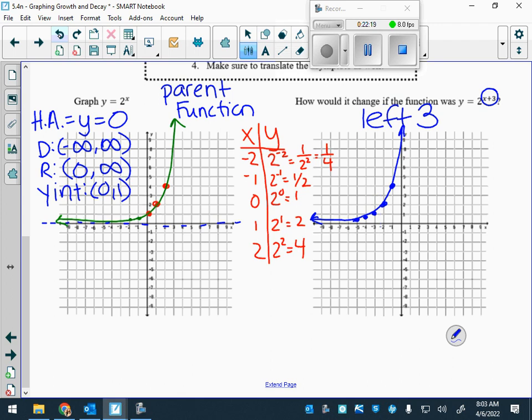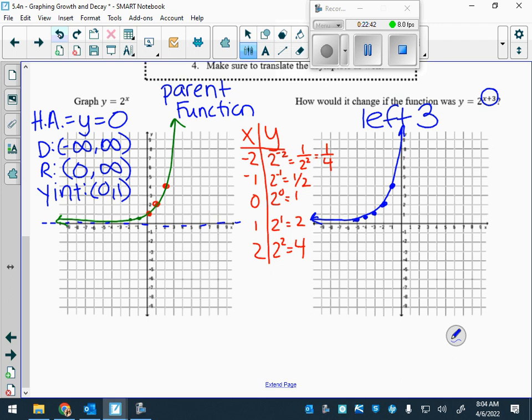So, since we moved to the left 3, out of these guys, what stays the same? Okay, we're not using slope here.